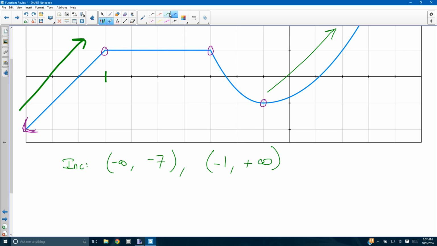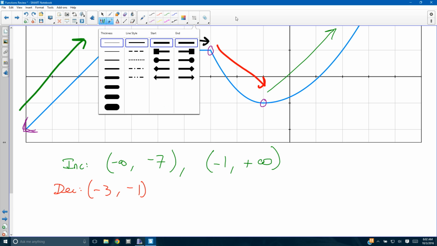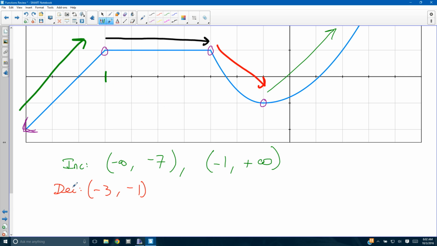Okay, decreasing. Oh, that's constant. Decreasing, it's only right there. And that's going to be from negative 3 to negative 1. Not including negative 3 or negative 1 for the same reason I mentioned for increasing. Final one's constant. And I almost do want to put a closed interval there, meaning including those ones, but I guess we're not certain what it's doing at those points.